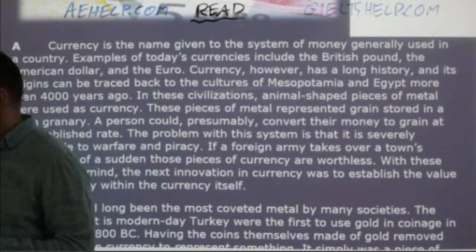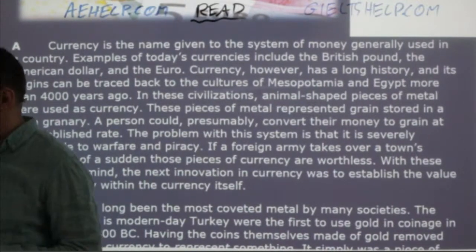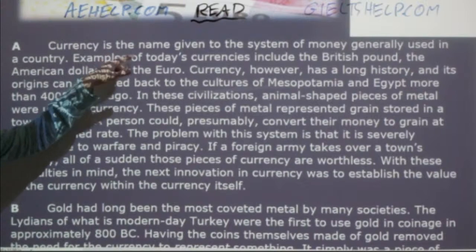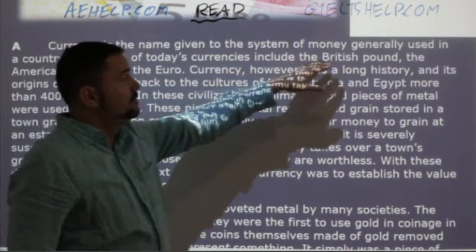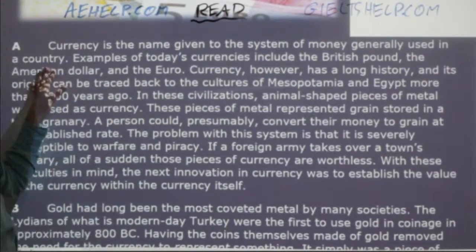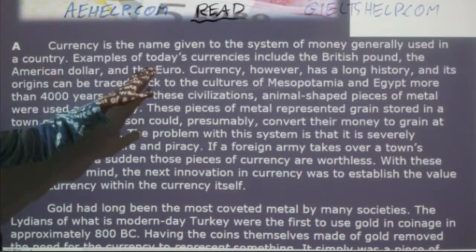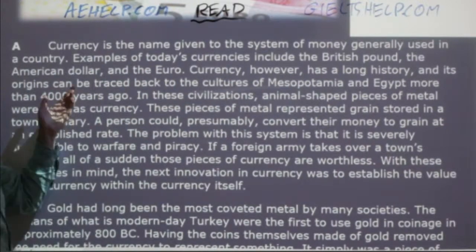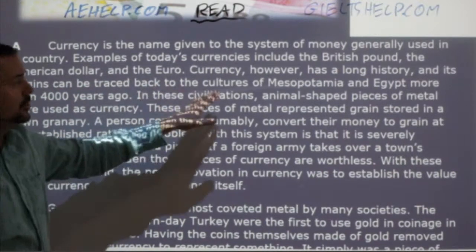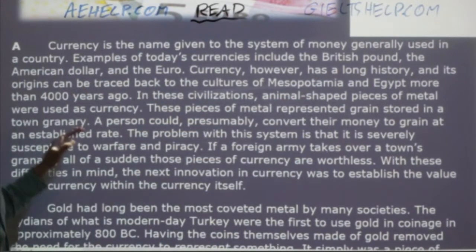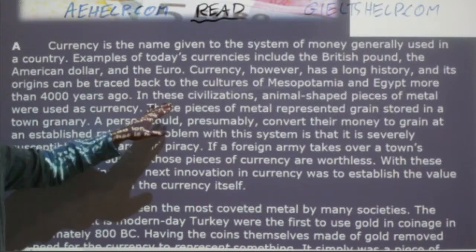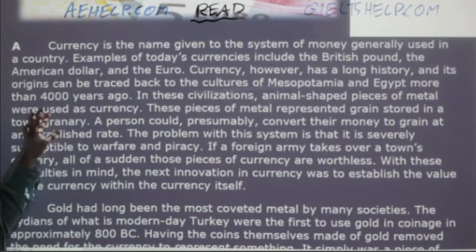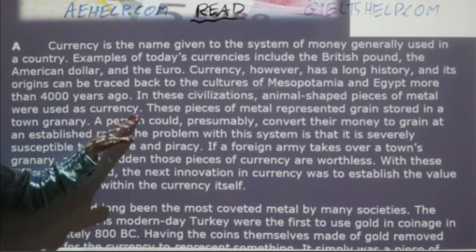Here we go. 3, 2, 1 from the top, visualizing. So currency is the name given to the system of money generally used in a country. Examples of today's currencies include the British pound, the American dollar, and the euro. Currency, however, has a long history, and its origins can be traced back to the cultures of Mesopotamia and Egypt more than 4,000 years ago.